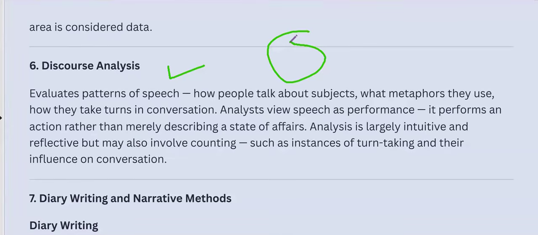Okay, when they were talking about nation, did they become more enthusiastic, or if a particular person were talking about sports, were they becoming more enthusiastic? So you are analyzing even the pause. The pause also says a lot. The silence also has a value in this analysis. This is called discourse analysis.